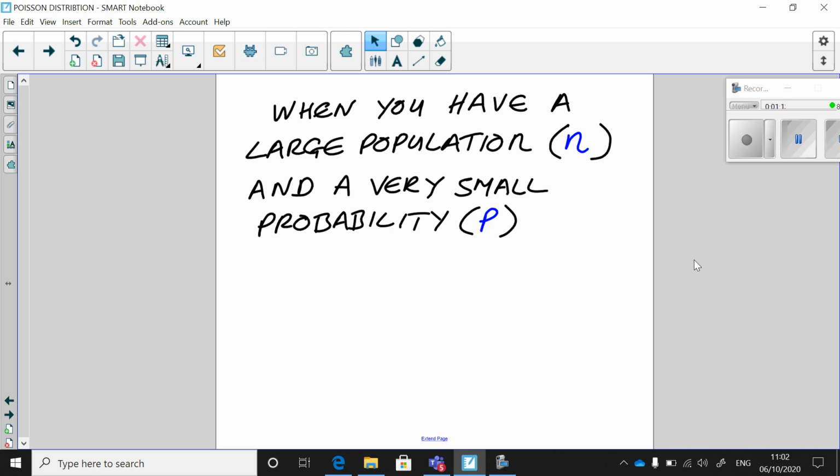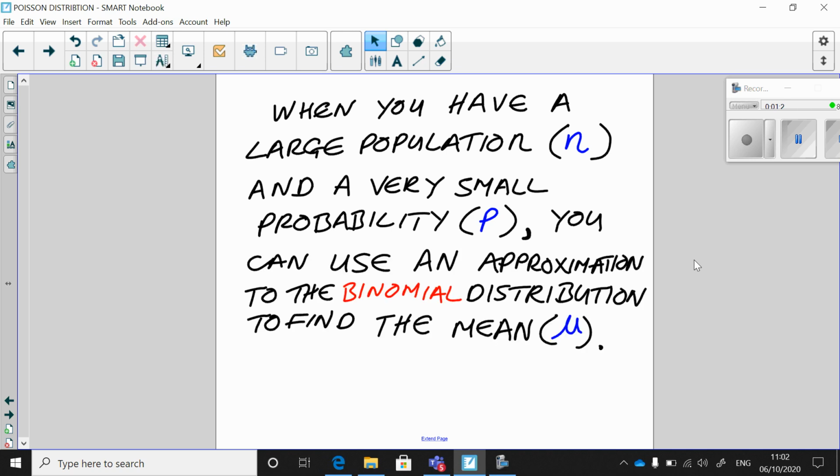But the problem is it's a large population. So what we're going to do is use an approximation to the binomial distribution and turn it into a Poisson distribution.